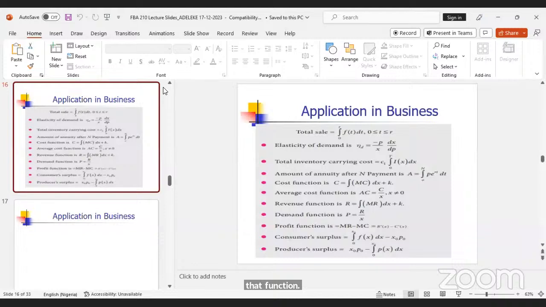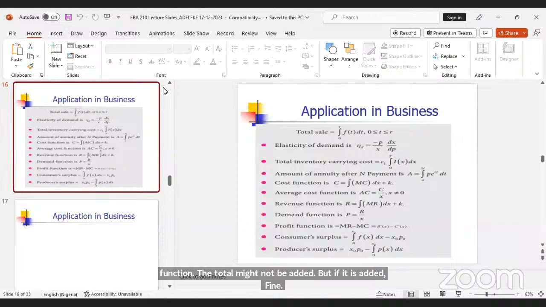So the function could be the revenue function, that is, the total revenue function. But most of the time, the word total will not be added, so you just have the revenue function. So also you will have the inventory function and the demand function. The total might not be added, but if it is added, fine.